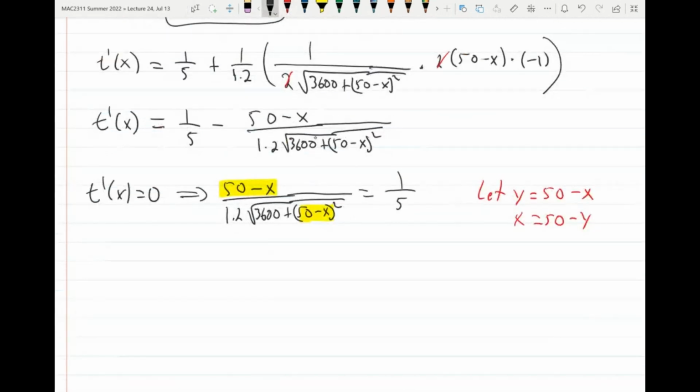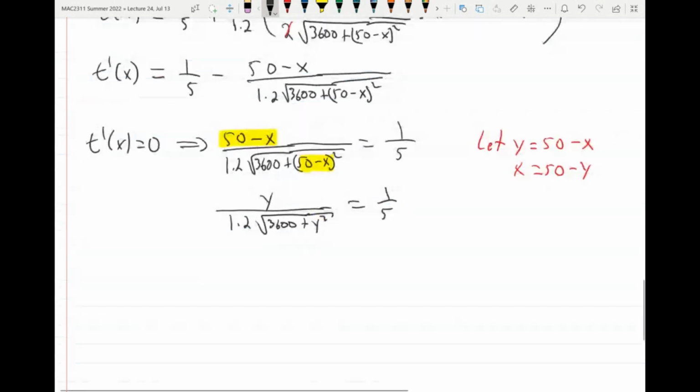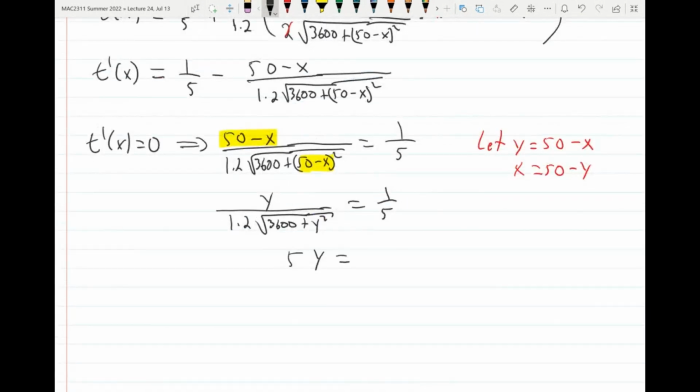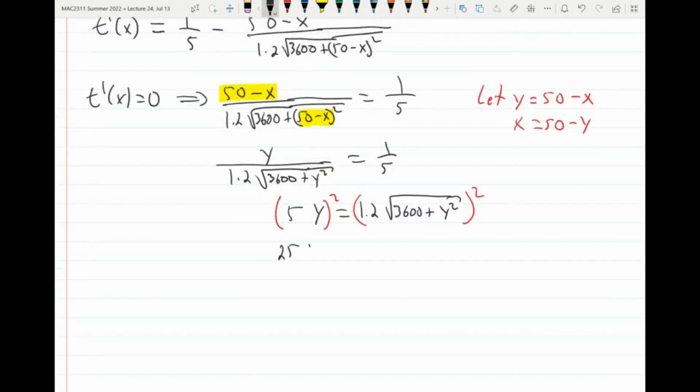All right, so our equation looks like this: y over 1.2 square root of 3600 plus y squared equals 1 over 5. That's more friendly to look at. Cross multiply, you get this. That's a little radical equation, so square both sides. So we get 25y squared equals 1.2 squared, that's 1.44, times 3600 plus y squared.